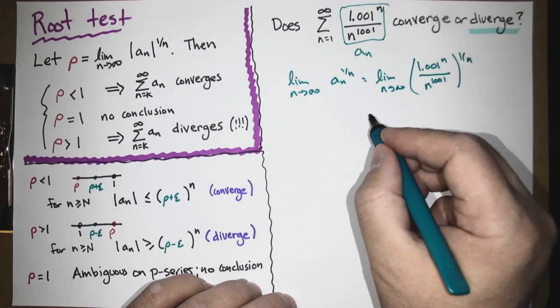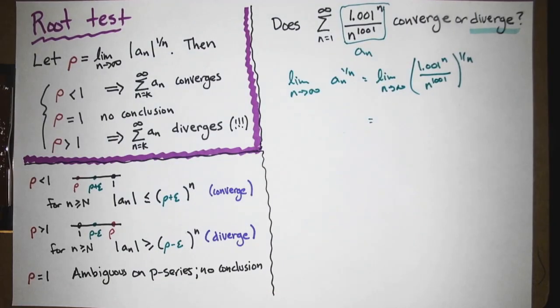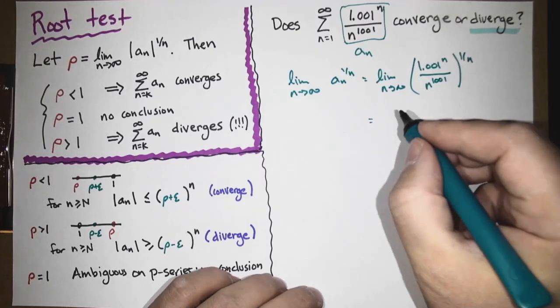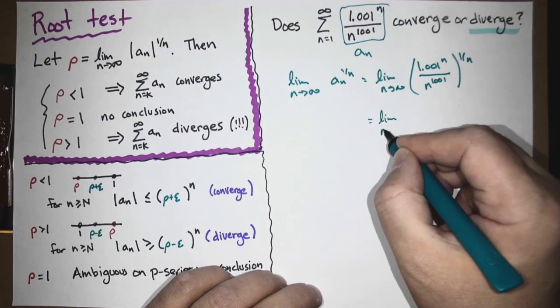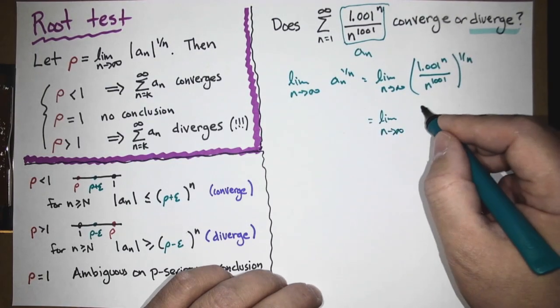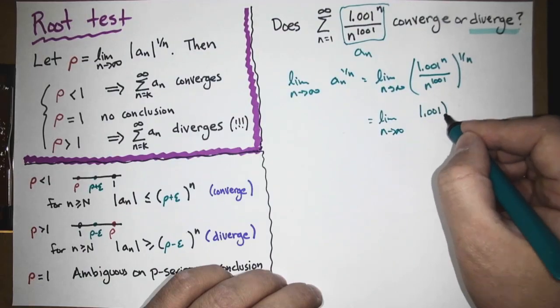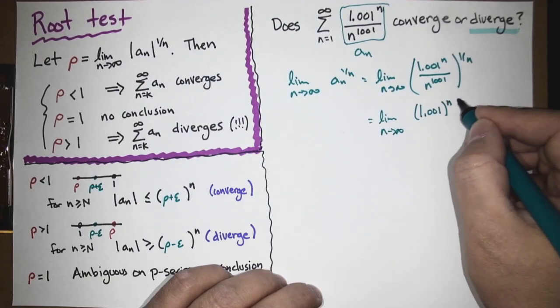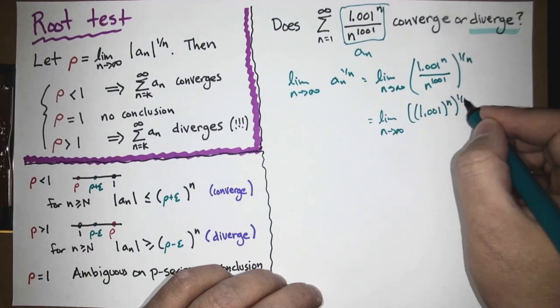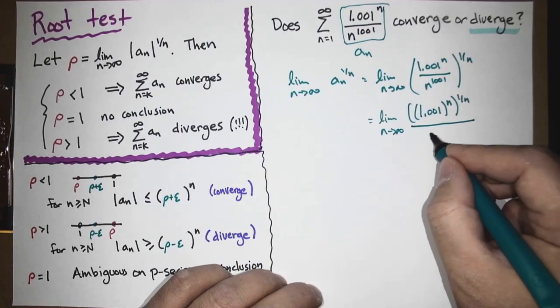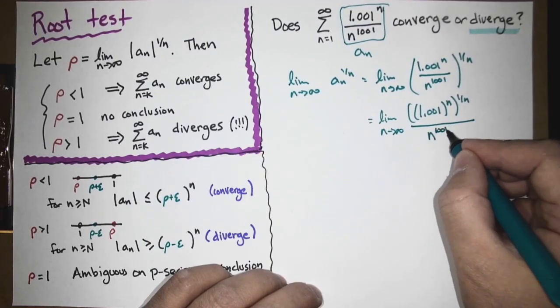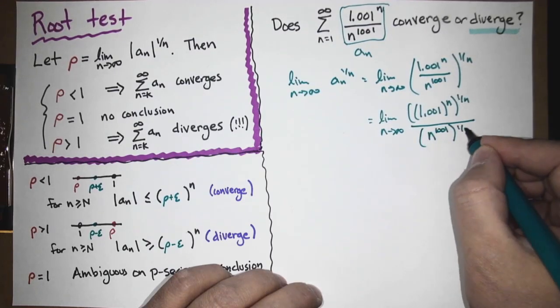Now, if we have a product of a lot of things, and here we do, we just take each individual term to the 1 over nth power. So this is the limit as n goes to infinity of 1.001 to the nth power to the 1 over nth power, and here we have n to the 1001 to the 1 over nth power.